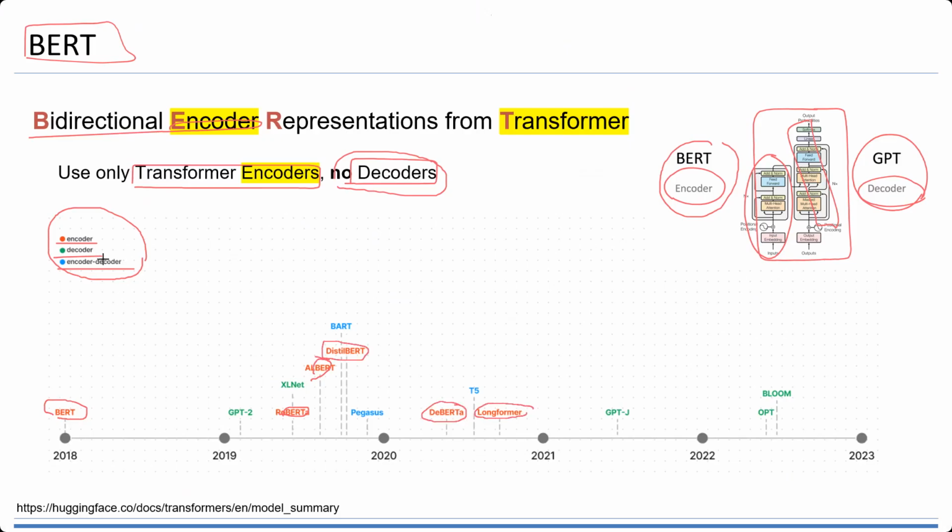The green color, GPT, GPT-2, XLNet, GPT-3, OPT, Bloom, use the decoder only. The blue color indicates that they use the encoder and decoder, like Pegasus, T5, and so on.